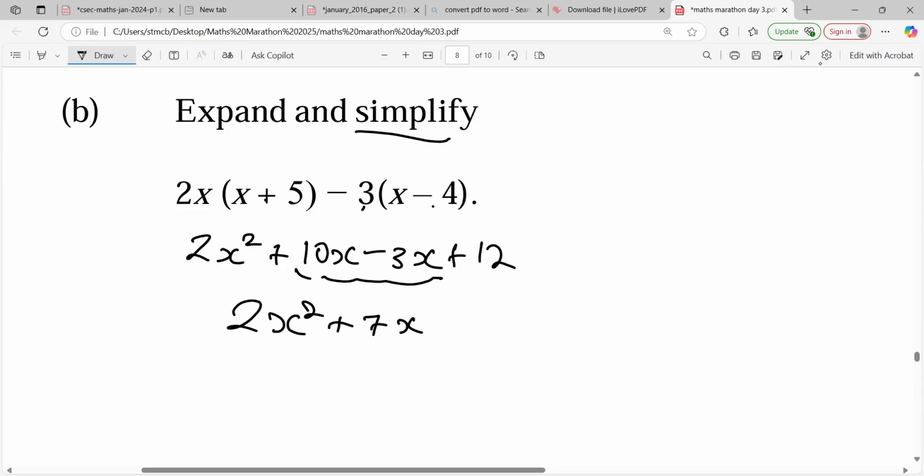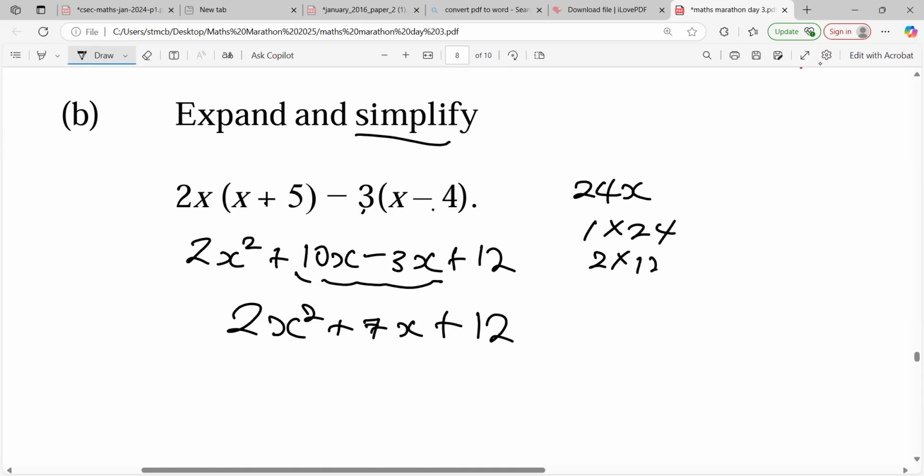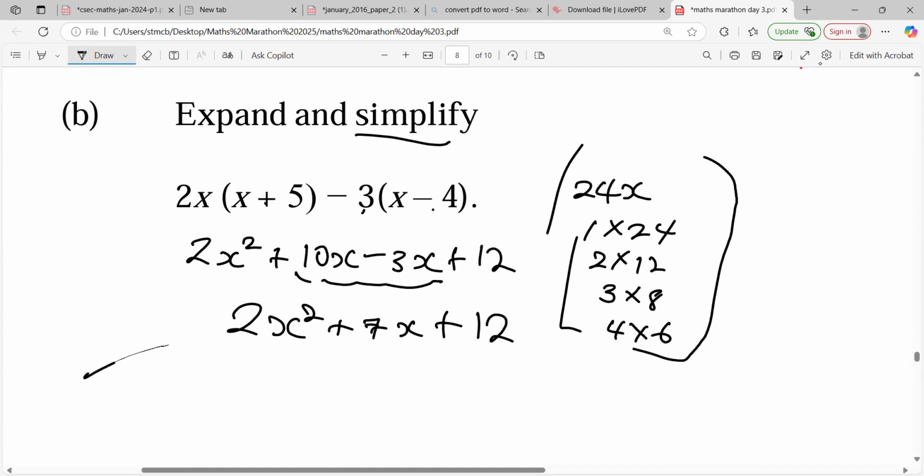So this will give us 7x and this gives us 1. And that's it basically. I don't think you can factorize readily, and we don't want to use the quadratic formula to simplify it. I think they just want us to simplify it just like this, and that's it.